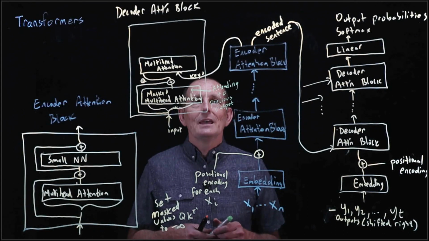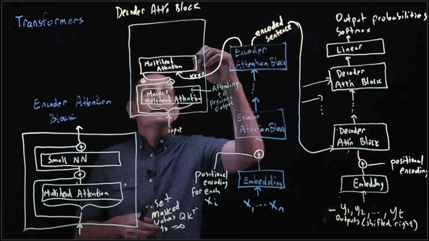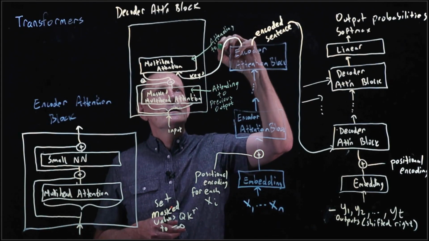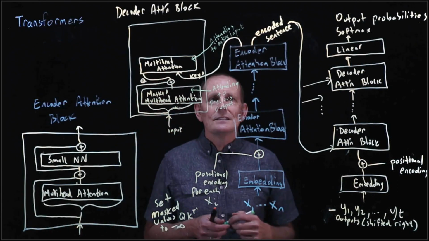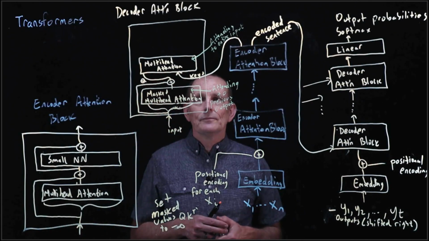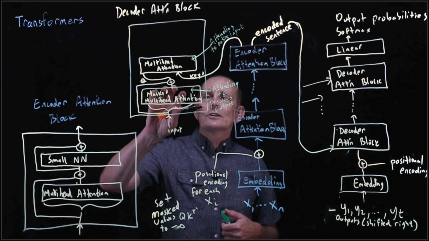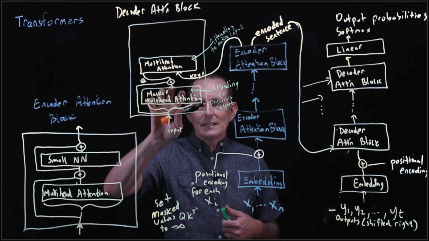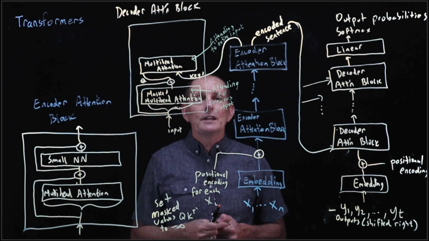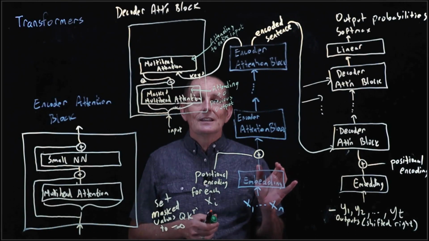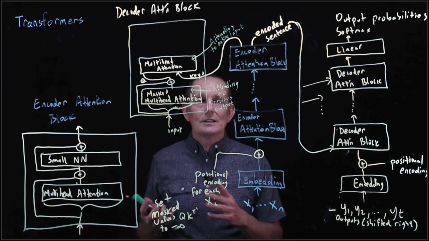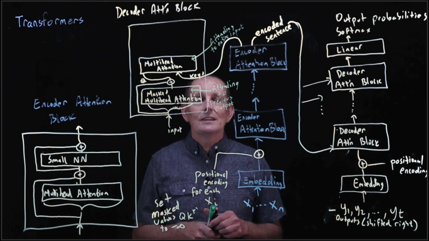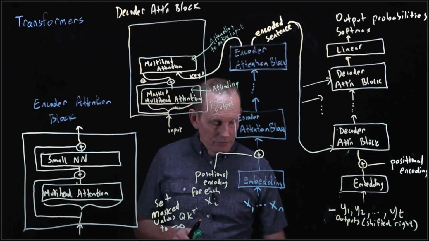And then this one is attending to the entire input. So we get to attend to both the output and also the entire input. The attending to the output is actually nice. In an RNN, even when we were using attention, we were just attending to various parts of the input. Now we can attend also to what we've output so far.